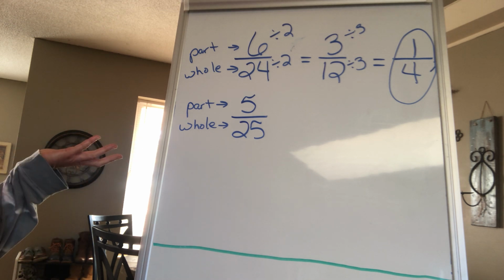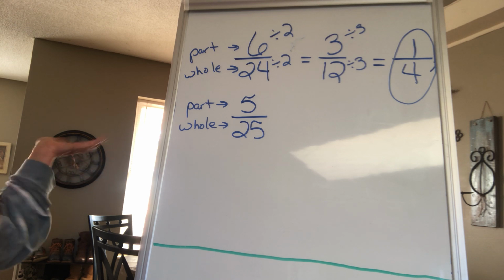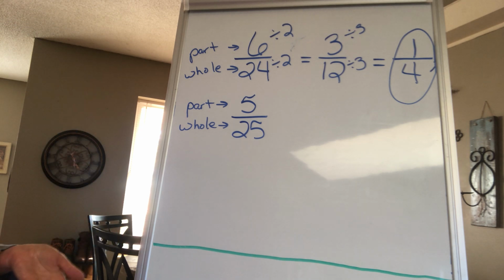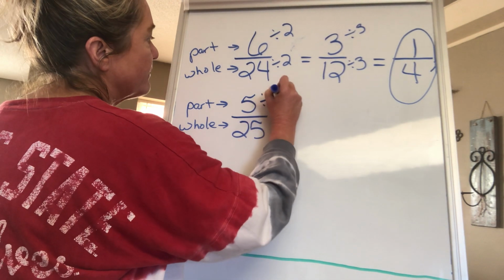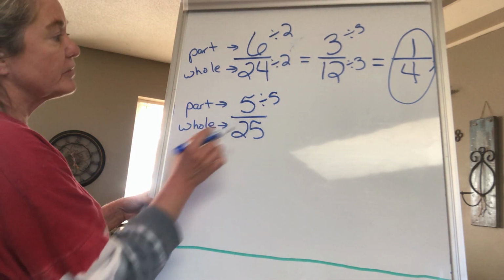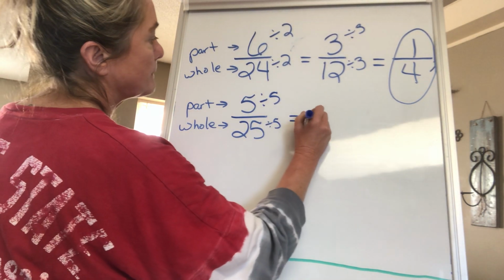Well, I know it's not 2 because that wouldn't be even for either one of them. 5's not divisible by 3. 25 isn't either. 4, but 5. 5 divided by 5. Anytime something ends with 5, we know it's divisible by 5.